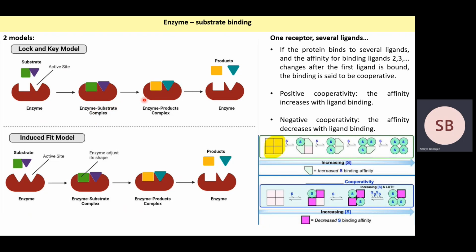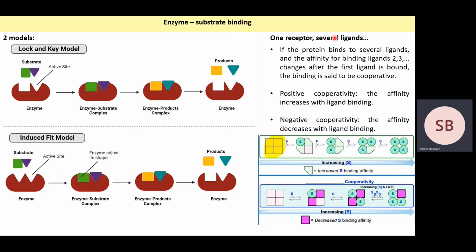The substrate is converted into the product, which is released, and the enzyme is released as it initially was, that is, it is regenerated. In the induced fit model, what happens is that the active site has a certain flexibility, and the cavity changes its size and shape in order to accommodate the substrate. So the enzyme is adjusting its shape. Then again, the substrate is converted to the product and the enzyme is regenerated.